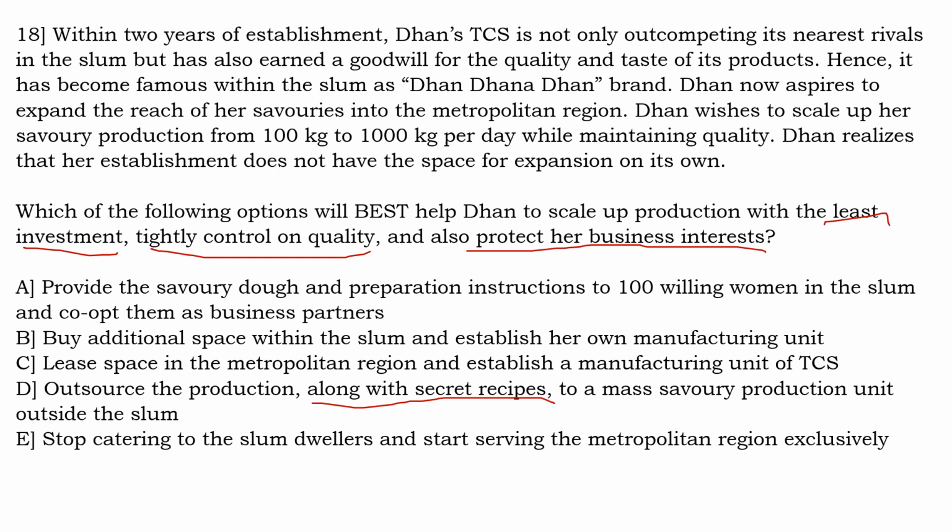When you give the secret recipes to the production unit outside, it is again going against her business interest, because the savory production unit will get to know her business secrets. They might be copying those secrets or pirating those strategies, as a result of which our business interest could be affected. So this option is going against the condition of investment and against the condition of protecting her business interest. So not a good answer.